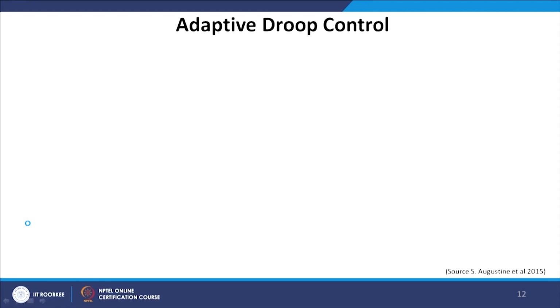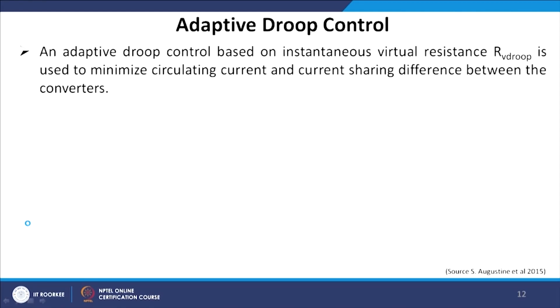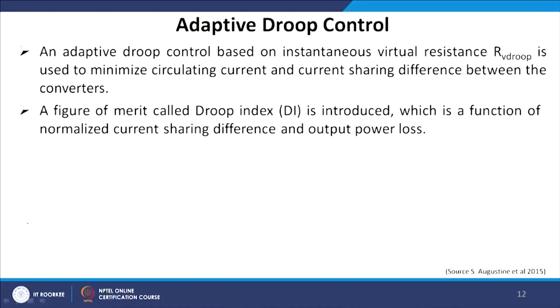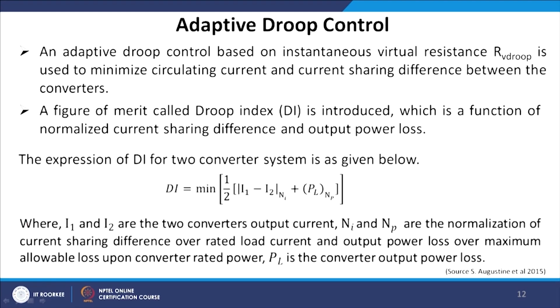Now, adaptive droop control: an adaptive droop control based on instantaneous virtual resistance RV droop is used to minimize circulating current and current sharing difference between the converters. A figure of merit called the droop index, DI, which is very important, is introduced, which is a function of normalized current sharing difference and output power loss.